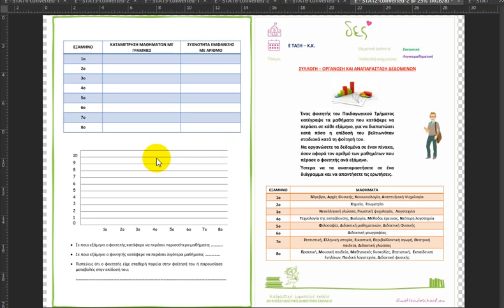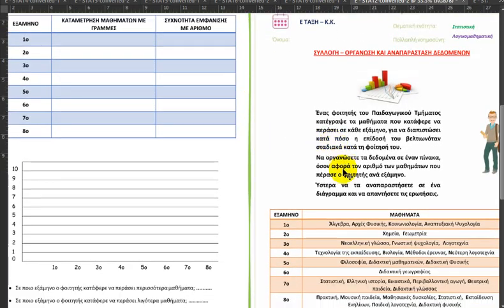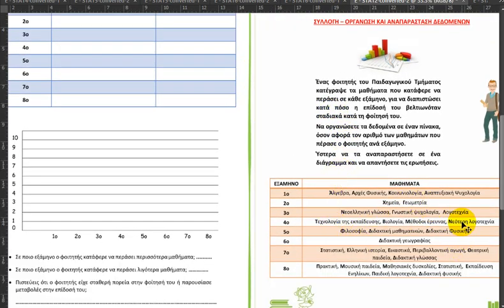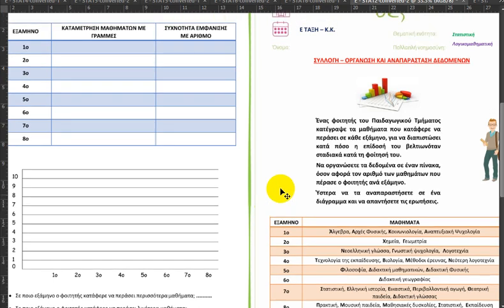Okay, so for this exercise, you kind of need both sides of the worksheet. So I'll just put them both on screen so we can look at them at the same time. So we can see the lessons that a student took throughout university, and we basically need to organize them.